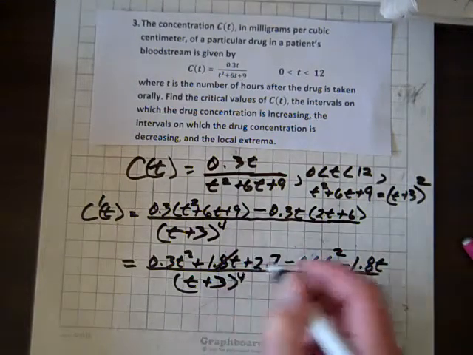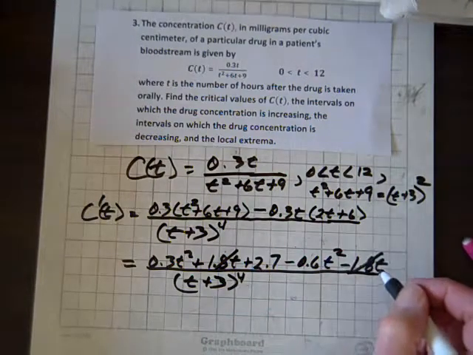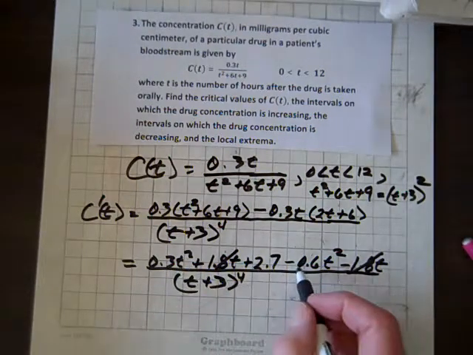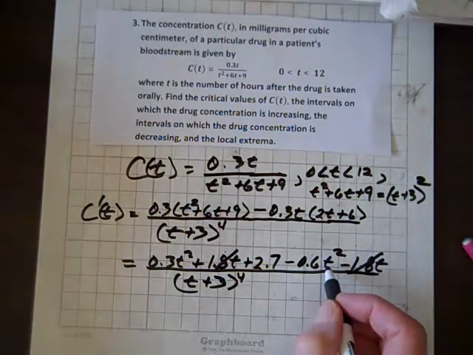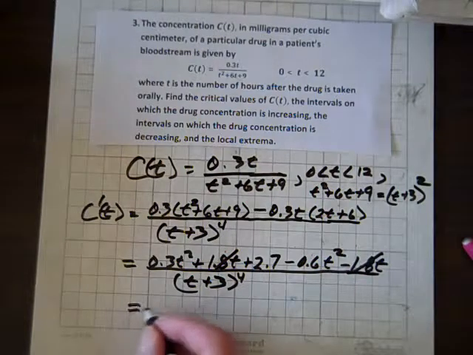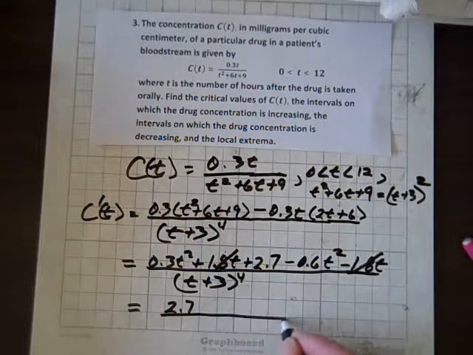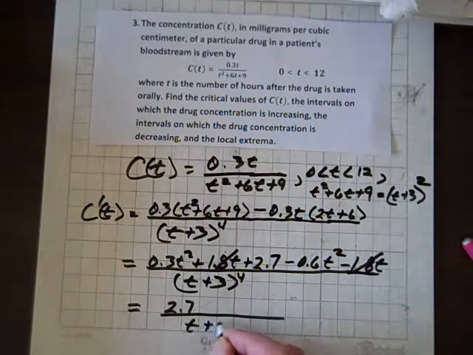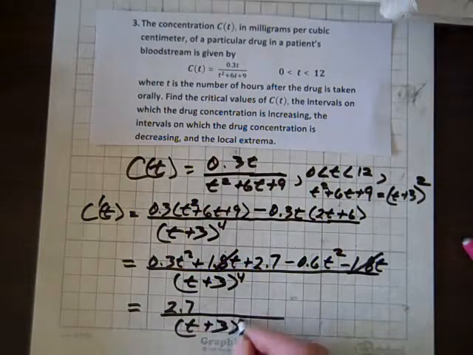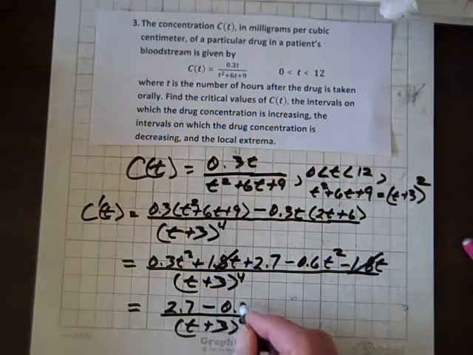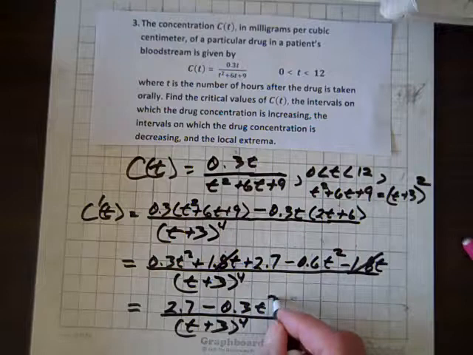Now notice the 1.8t's add out, and the difference between 0.3t squared and negative 0.6t squared is going to be negative 0.3t squared, and we have a positive 2.7 there.